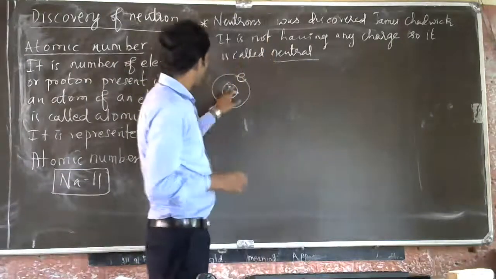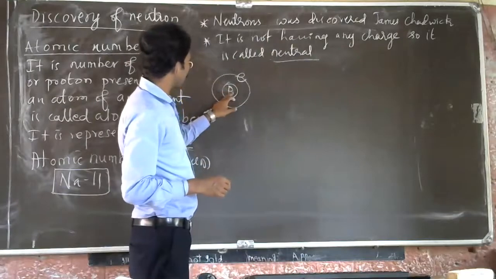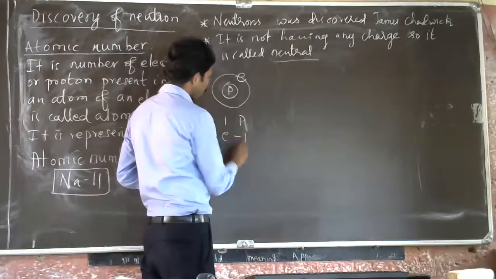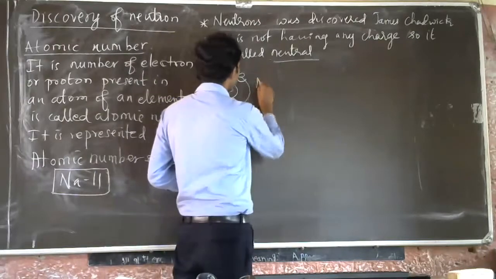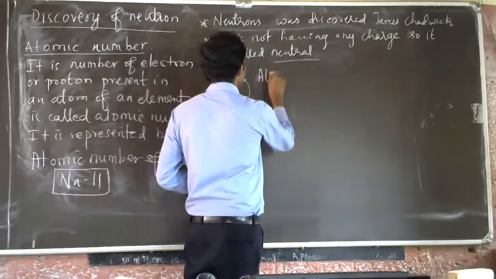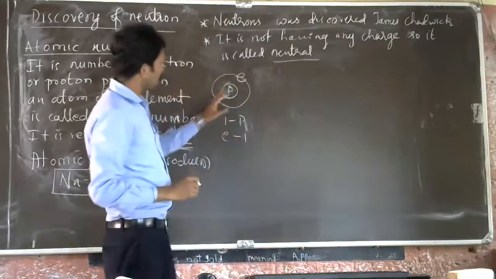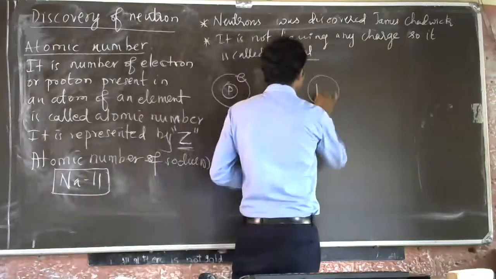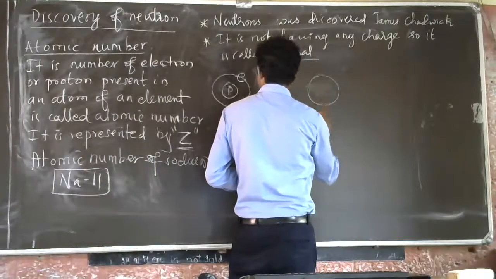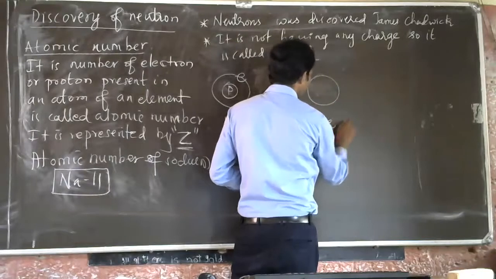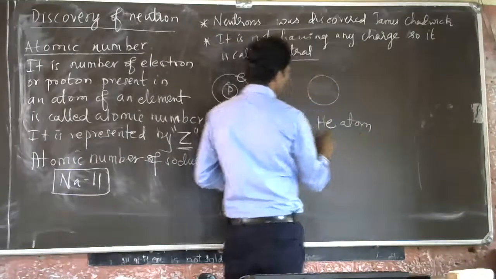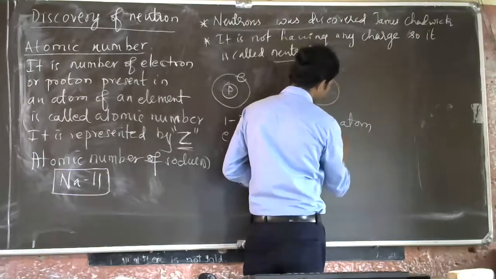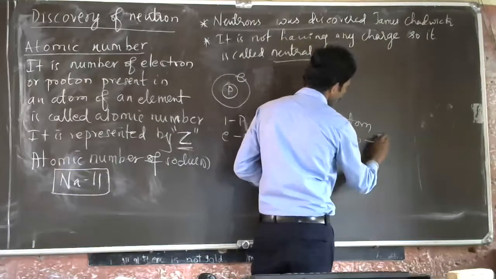See here, hydrogen contains one proton and one electron, so the atomic number is 1. Similarly, if we take the helium atom, the atomic number is 2.